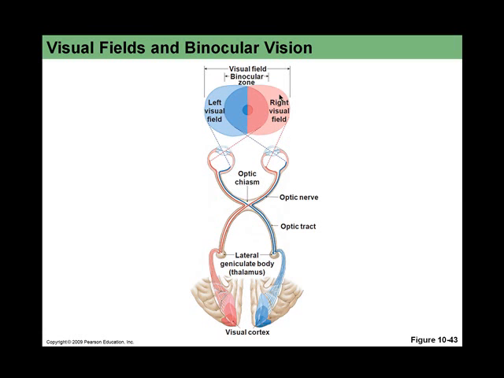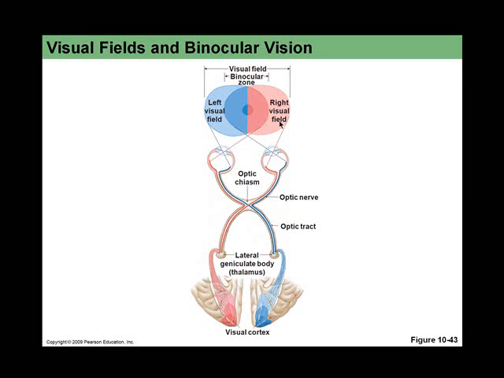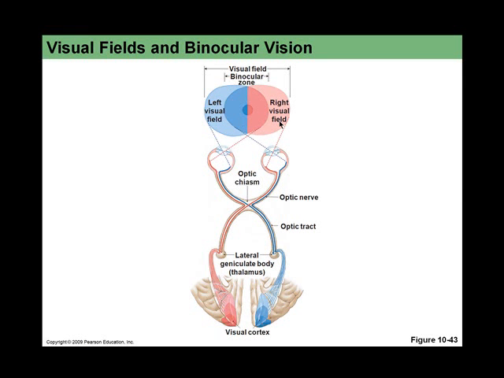The more peripheral structures in our field of view will not give us a very strong perception of depth, and where they do overlap and produce that depth perception, we call it the binocular zone.